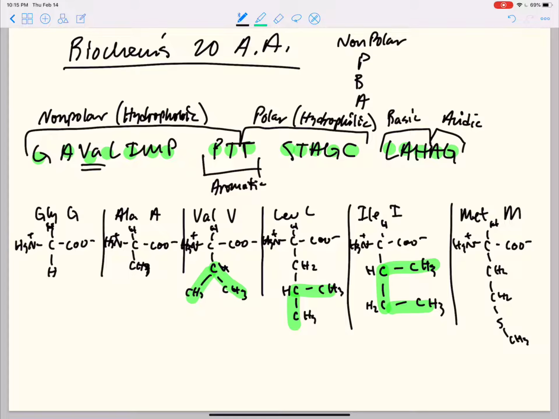Okay? And that's your sulfur group. Some people like to make these guys kind of into an S shape so that they remember that methionine has a sulfur in it. But honestly, I just memorized that methionine is the way that it is.